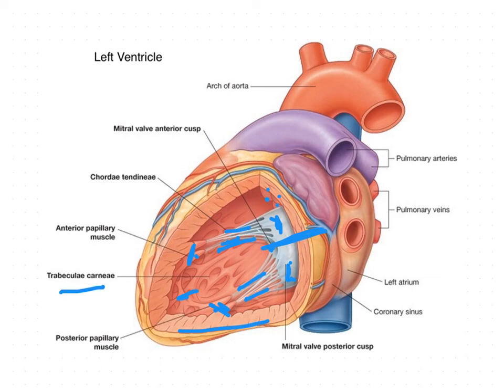So these are the things about the interior of the left ventricle. It is divided into two parts: the lower rough part, which contains trabeculae carneae, and the upper smooth part.